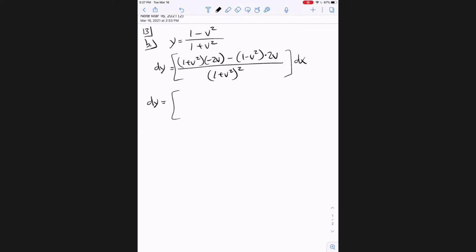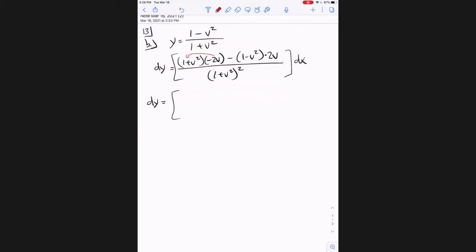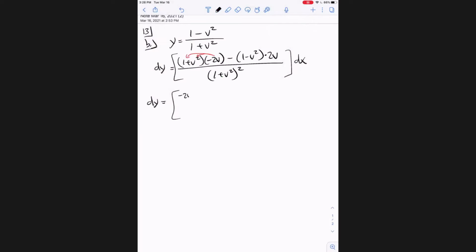So then you simplify. Remember on the quotient rule, I said simplify the numerator as much as you possibly can, and then you're good. So just FYI, this should be negative 2v here. So we got negative 2v minus 2v to the third. And this is going to be minus 2v as well. So I'm going to put 2v here along with the minus sign.